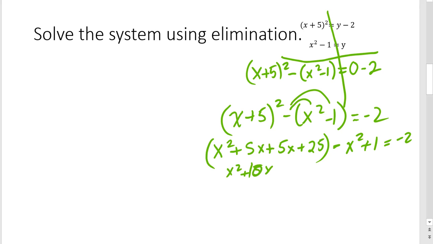Let's make this be a 10x. Now I'm going to look for like terms. Well, x squared minus x squared is 0. And so I'm left with 10x, and 25 plus 1 is 26. So if I want to solve this for x, I can subtract 26 from both sides.